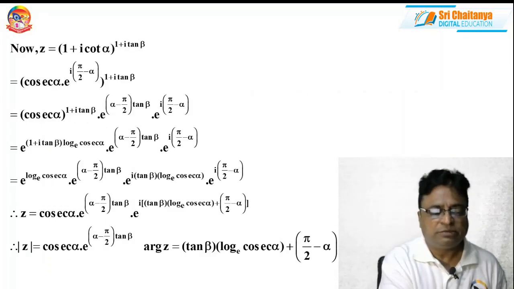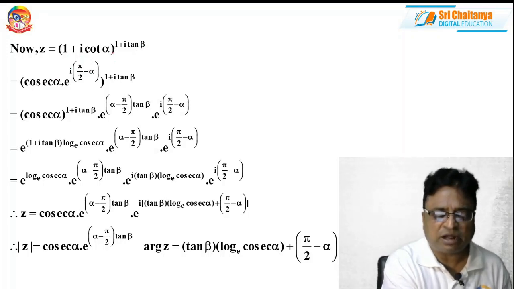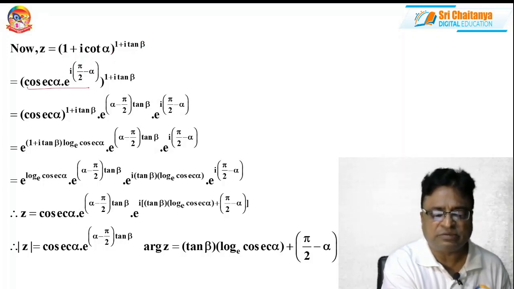Okay. Now, let z is equal to (1 plus i cot alpha) whole power (1 plus i tan beta). So this 1 plus i cot alpha I can write as cosecant alpha e power i (pi by 2 minus alpha), whole power 1 plus i tan beta.